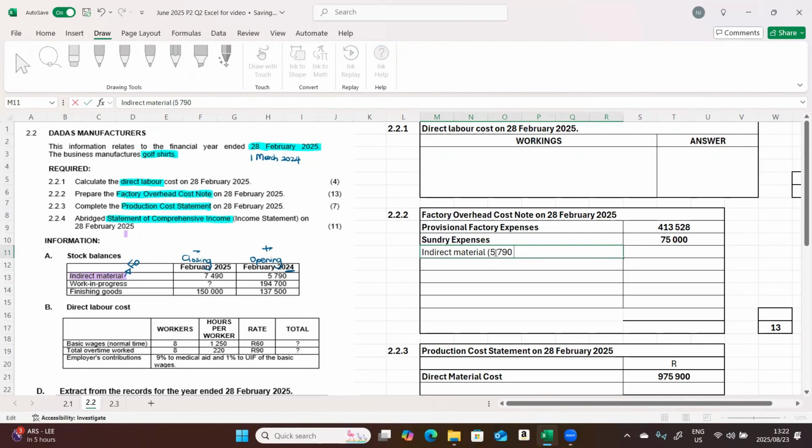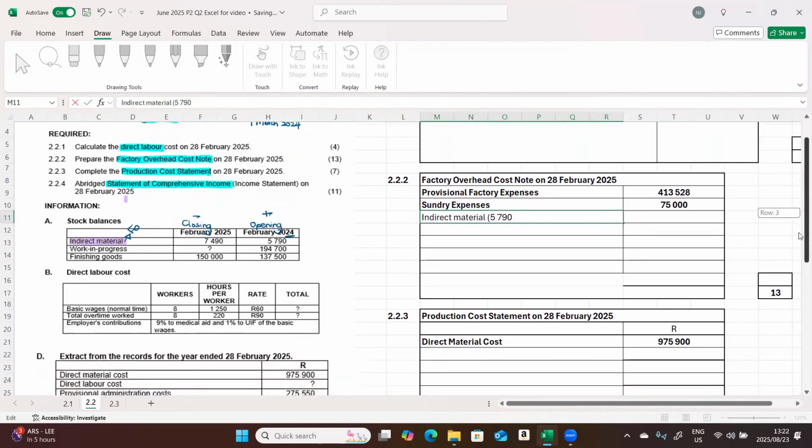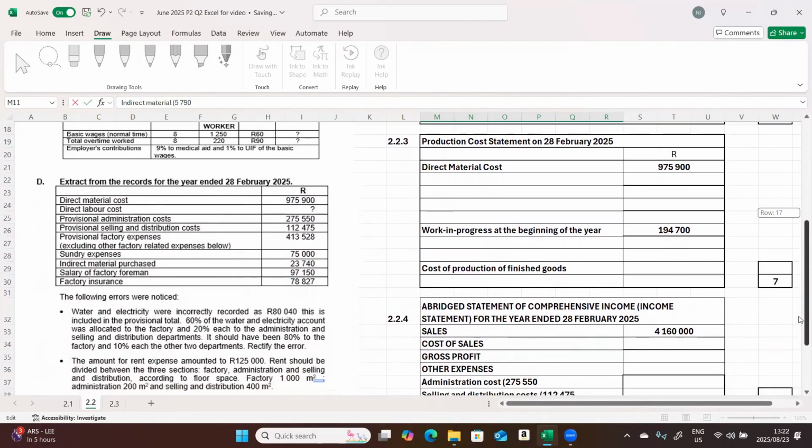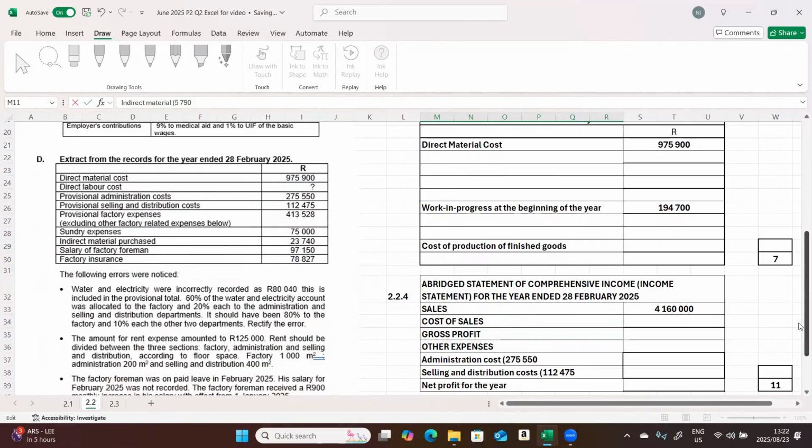Where is our indirect materials purchase? Here it is. Can you see, guys? Over here, indirect materials purchased, 23,740. It's nice and easy to see all of these things.